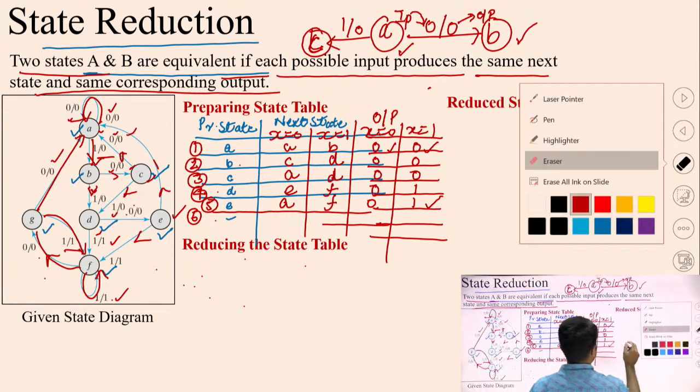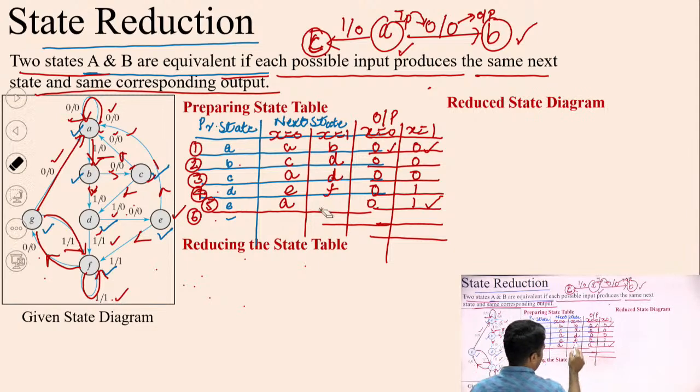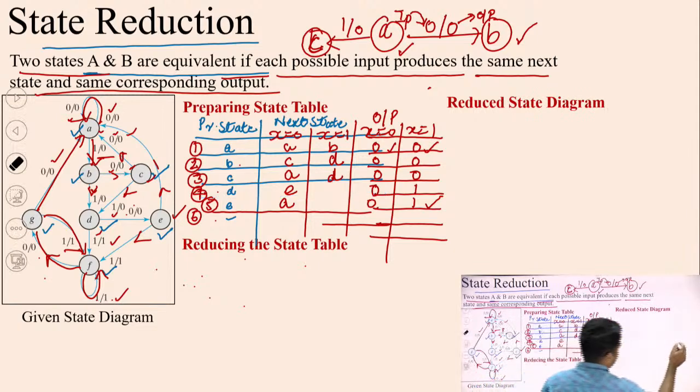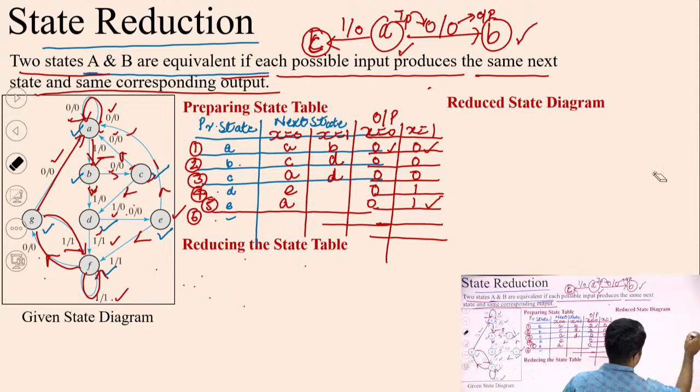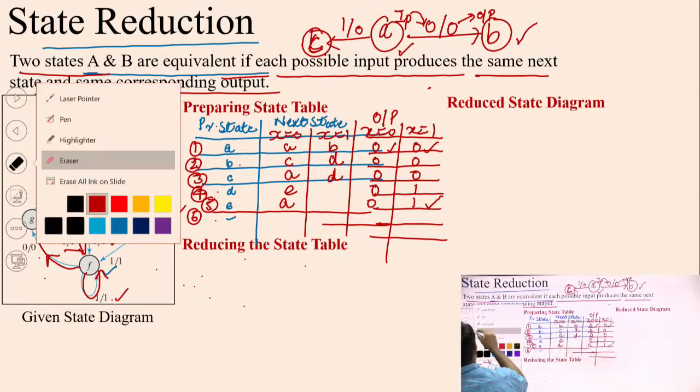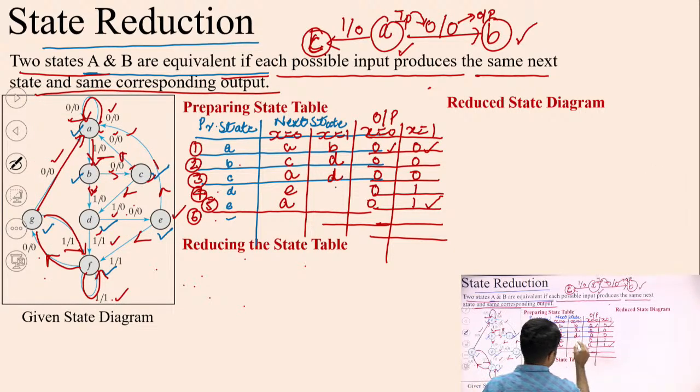But I have to be careful: wherever F is written in the table, I have to replace that F with D. Now again we have to see whether there are any similar rows.